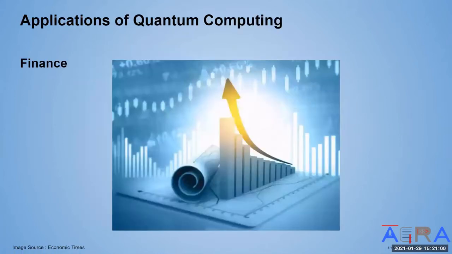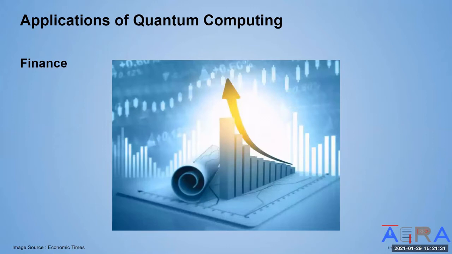Now, some of the applications of quantum computing, for example, in the financial services industry, you use sampling techniques such as Monte Carlo simulation, which require huge amounts of computational power. For example, risk management in finance and portfolio optimization, where you analyze a lot of financial portfolios and reduce the financial risks.